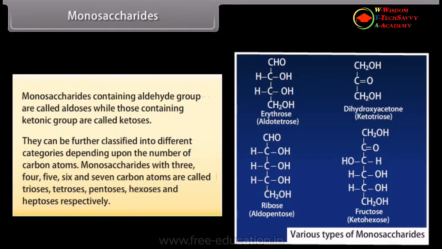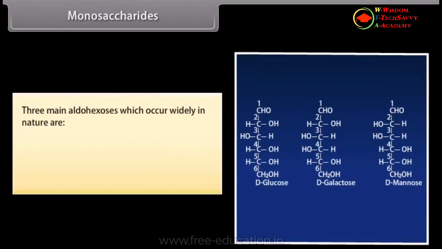Monosaccharides with 3, 4, 5, 6 and 7 carbon atoms are called trioses, tetroses, pentoses, hexoses and heptoses respectively. 3 main aldohexoses which occur widely in nature are D-glucose, D-galactose and D-mannose. The letter D before the name of monosaccharides represents the configuration as derived from glyceraldehyde.